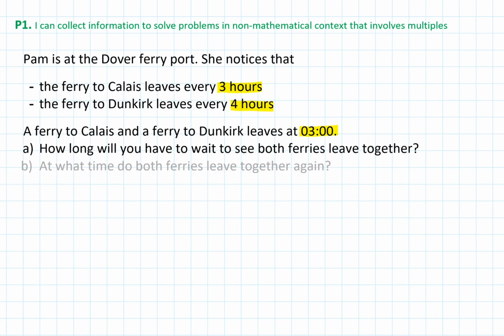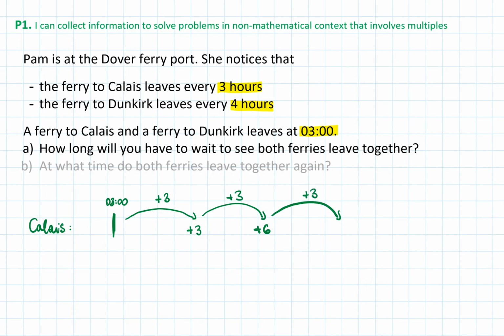We can first start with the Calais ferry. We know that it left now at 3 a.m. It leaves after 3 hours. It will be leaving after another 3 hours because it leaves every 3 hours. That's after 6 hours together now. And another 3 hours it will leave.